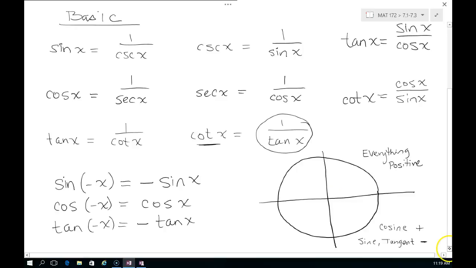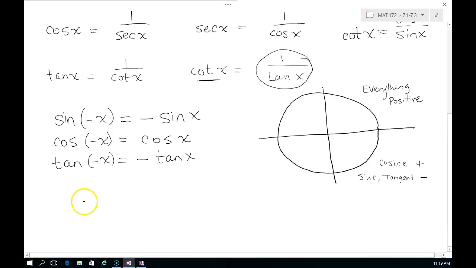So if I were to ask you what the sine of negative 30 degrees was, negative 30 degrees just means you're going clockwise 30 degrees instead of counterclockwise. So negative 30 degrees, well, that puts me in quadrant 4. That means my answer is going to be negative.